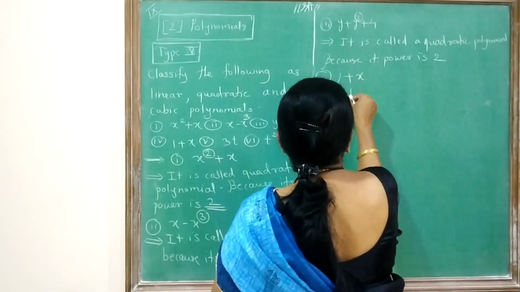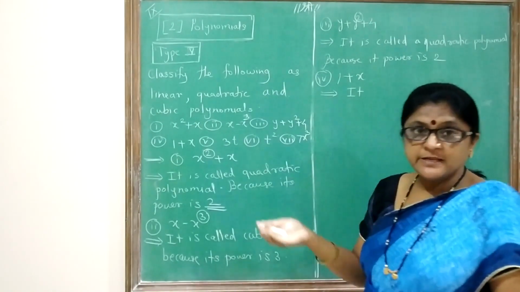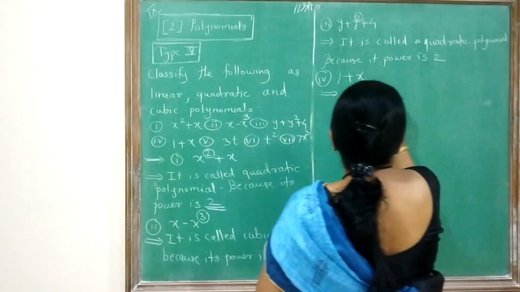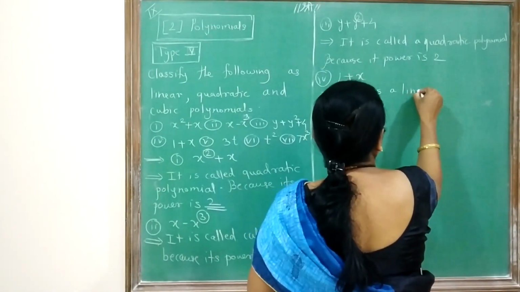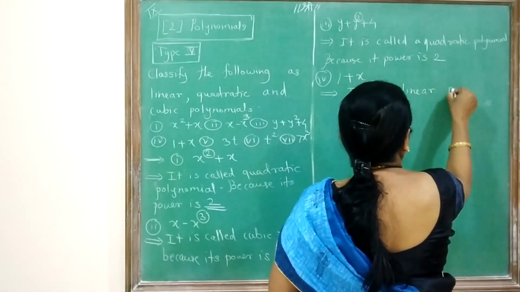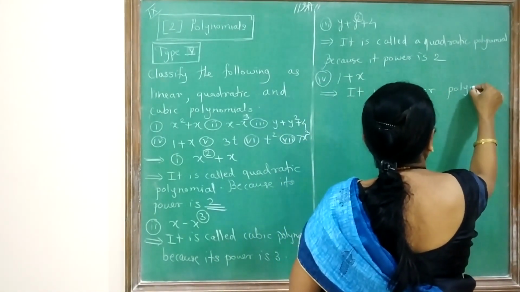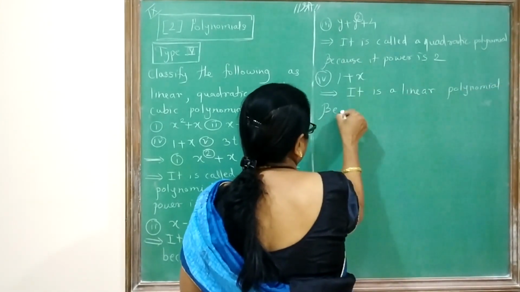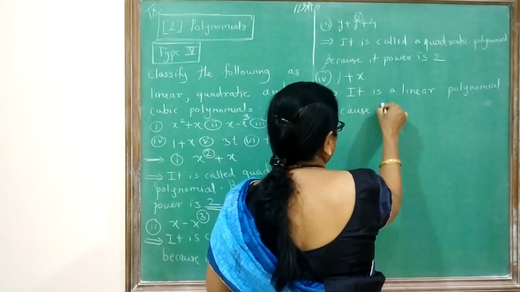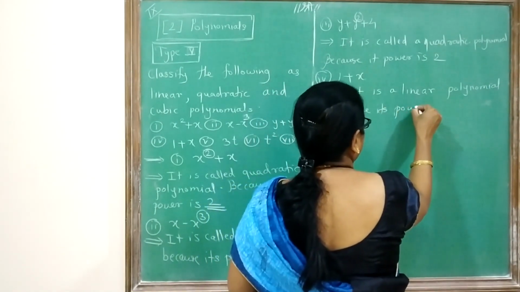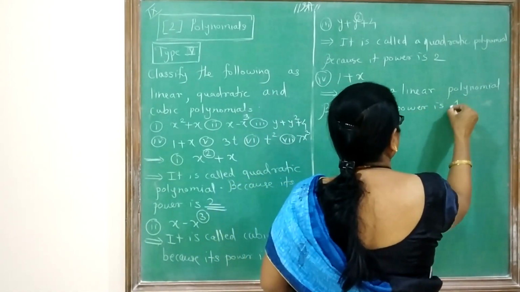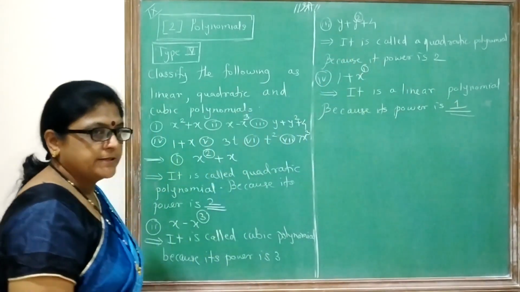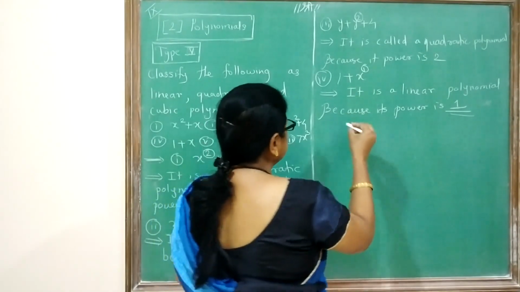Here x power is 1, then it is a linear polynomial, because its power is 1.